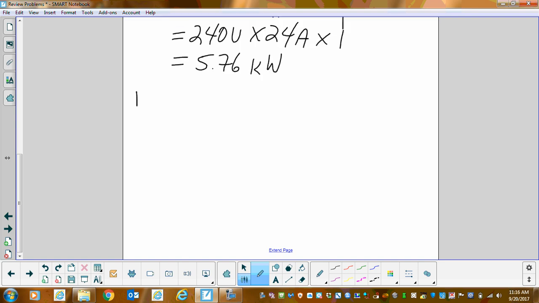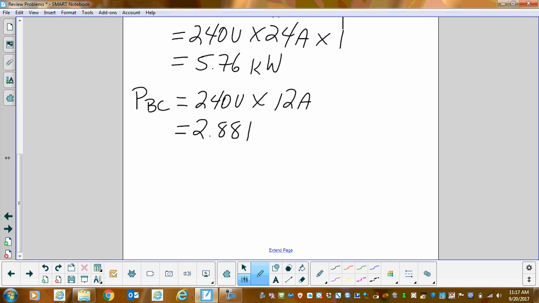Let's look at power BC. Same thing, we're going to take 240 volts, multiply it in this case by 12 amps, and we don't really have to multiply it by 1 because it's not necessary to put it in there. And I got 2.88 kilowatts.